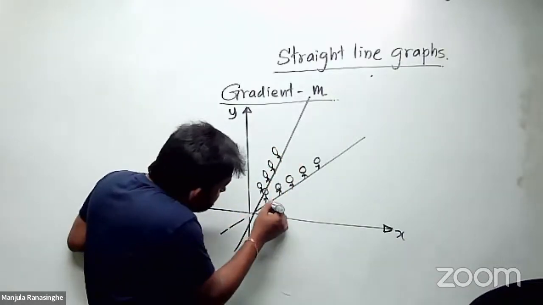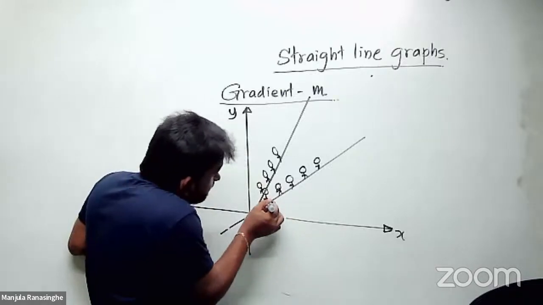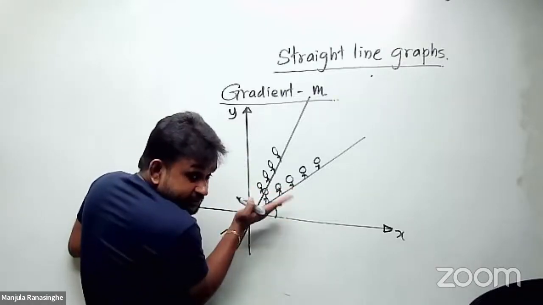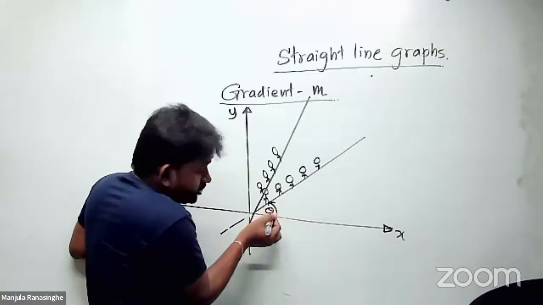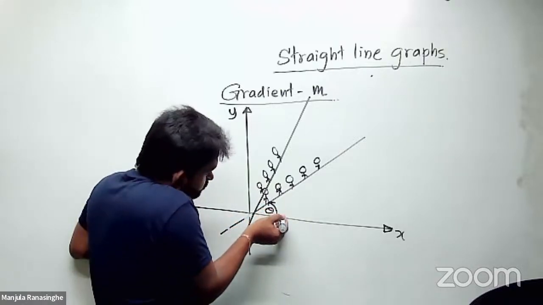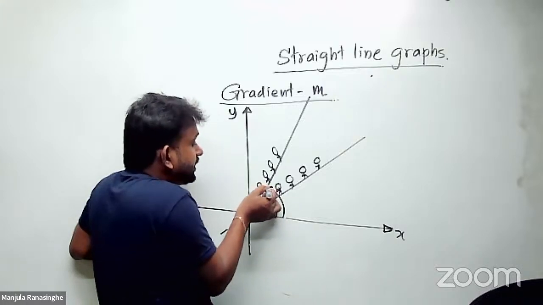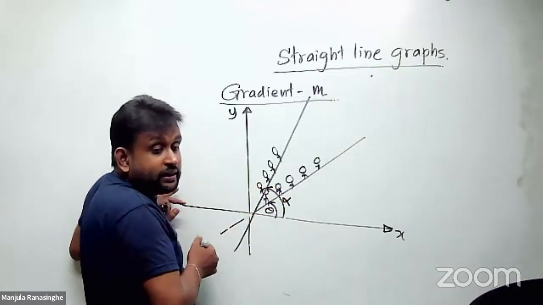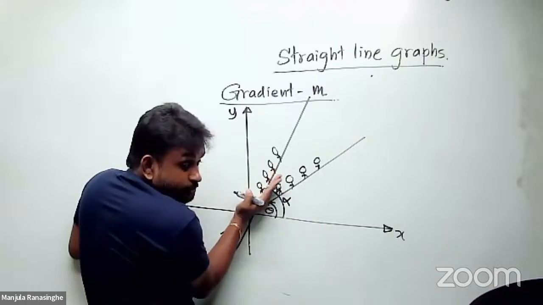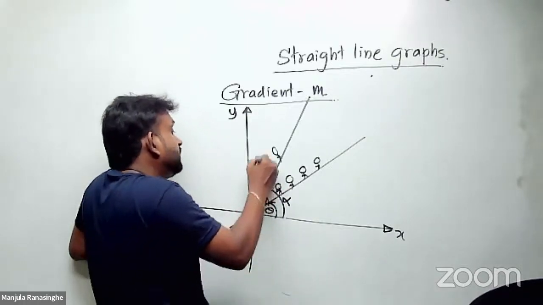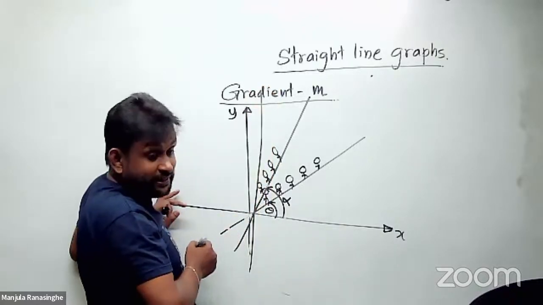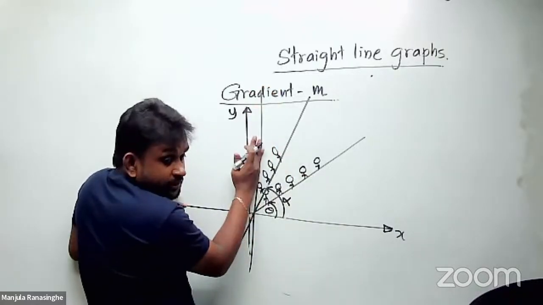That means here we have an inclination, the angle with the x-axis. We have some inclination if I mention theta. Here also we have an inclination, I can take alpha. Now you can see that this inclination is more than the previous one. If I take a straight line this way, it has more inclination than these two.